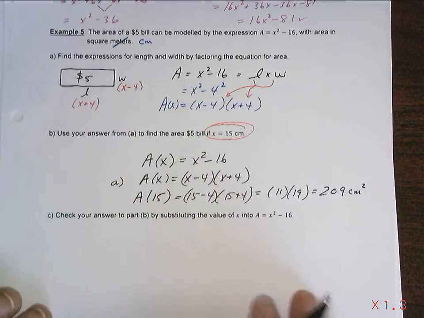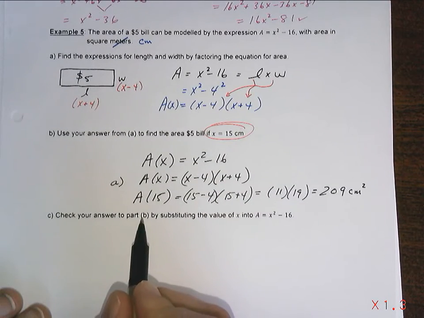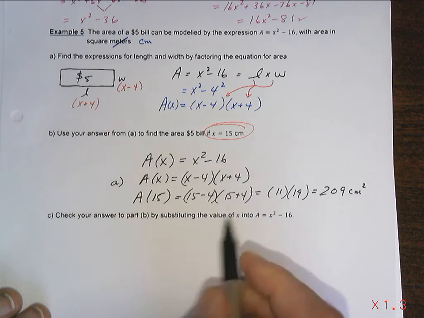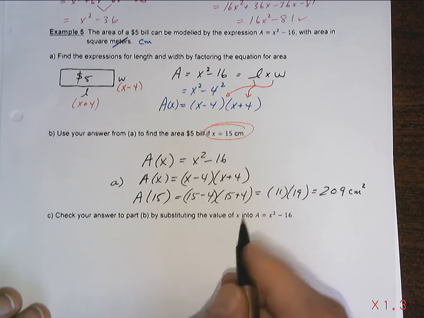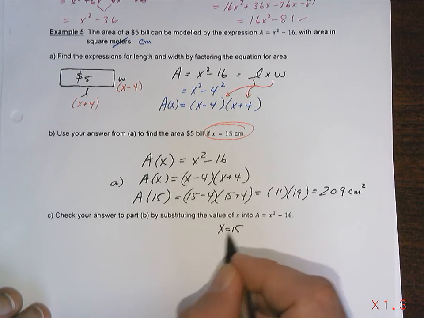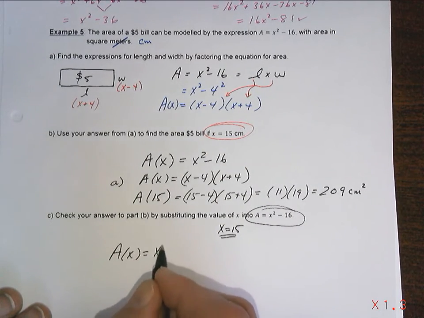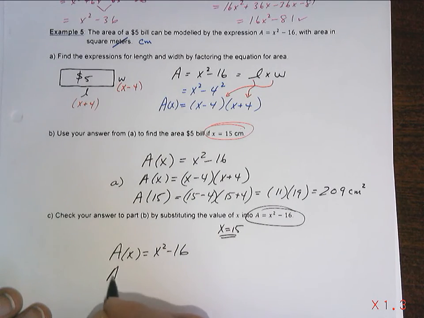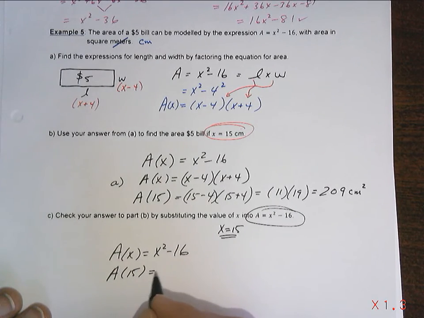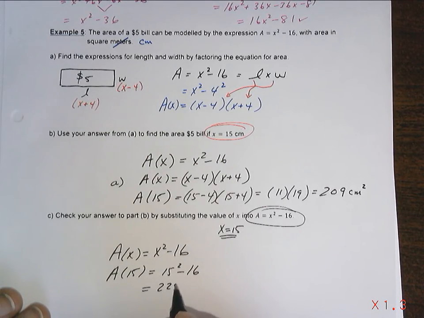The next question says, check your answer in part B, so this answer, by substituting the value of x equals 15 into the original this time. So A of x in the original is x squared minus 16. A of 15 in this case is 15 squared minus 16. I think that's 225 minus 16, which is 209 centimeters squared.